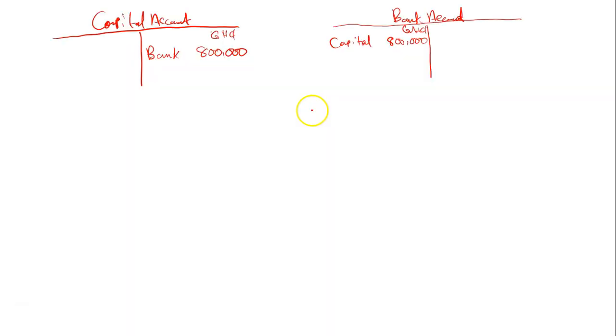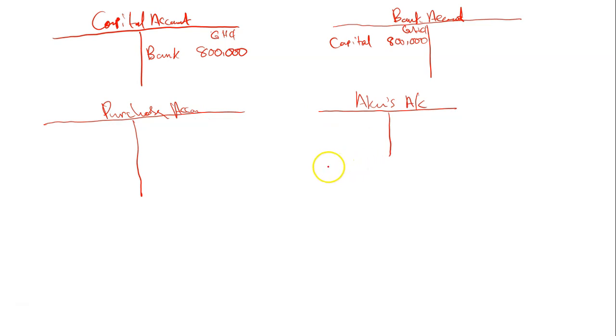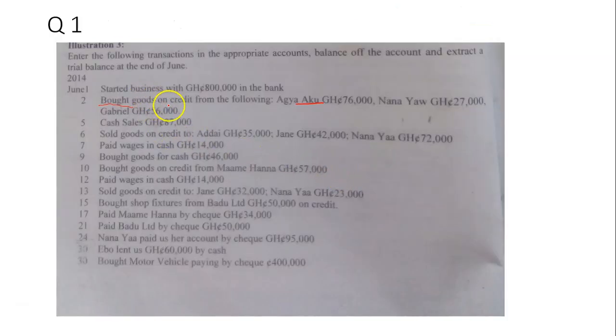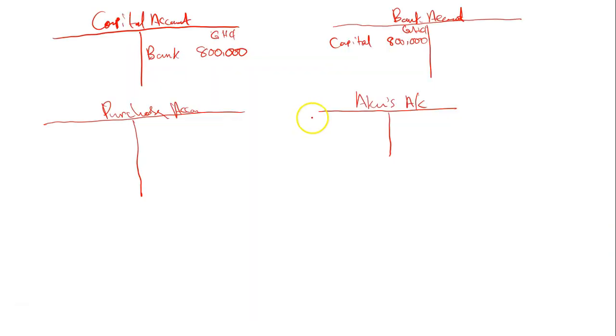So let's create those two accounts. We have the purchases account and then we have what? Aku's account. Now, to record the transaction, it said purchase goods on credit from Aku. When you purchase goods on credit from Aku, Aku's account will be decreasing because you are purchasing from her.